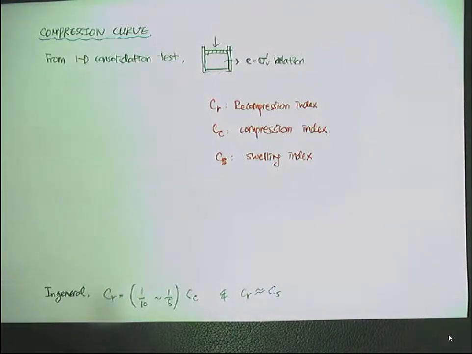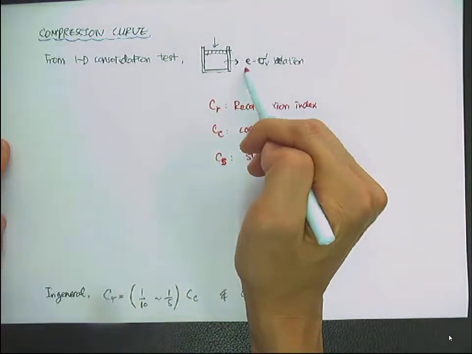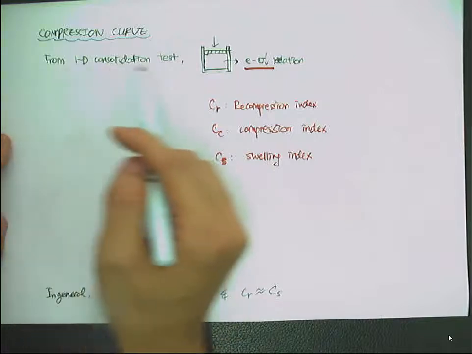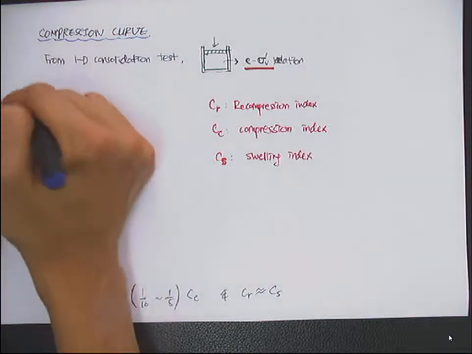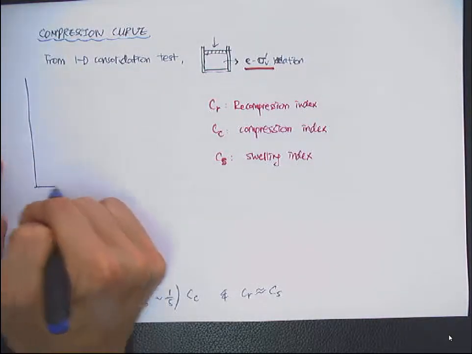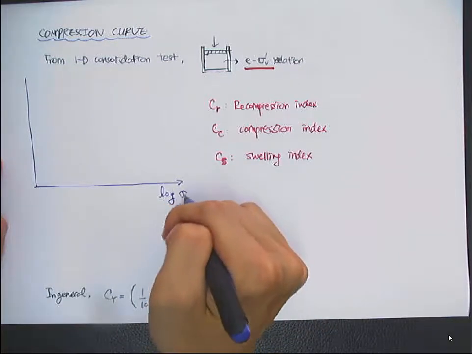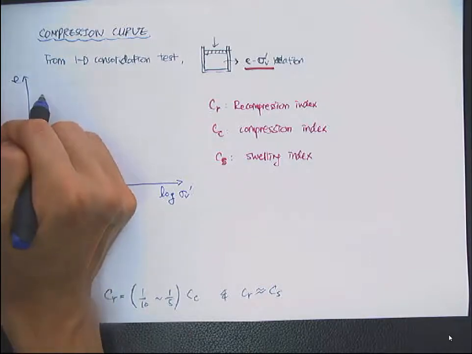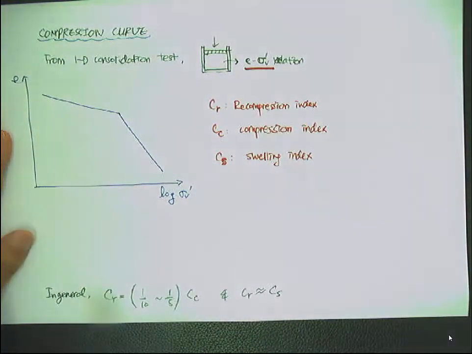Then we can think about the compression curve, the void ratio versus sigma v prime curve, from the one-dimensional consolidation test. We'll have a bilinear curve, which will look like this in the ideal case.